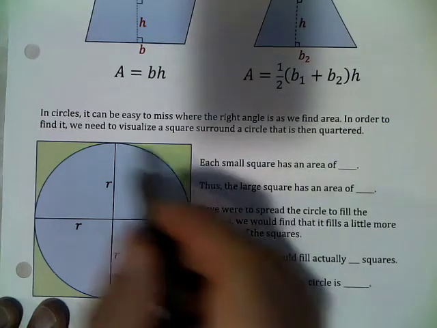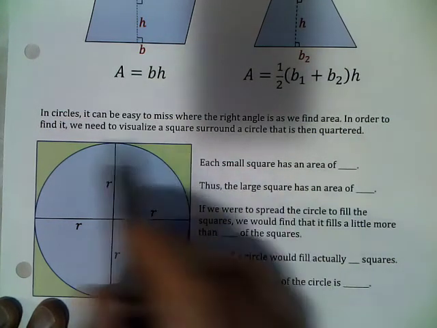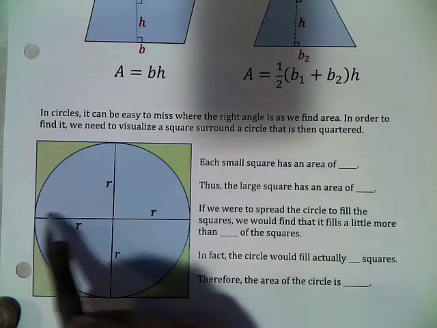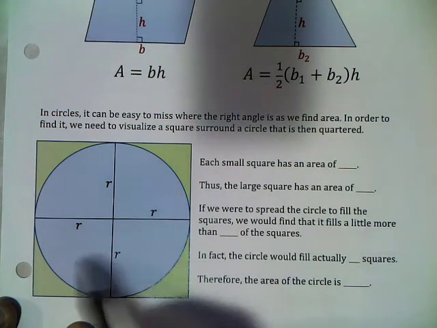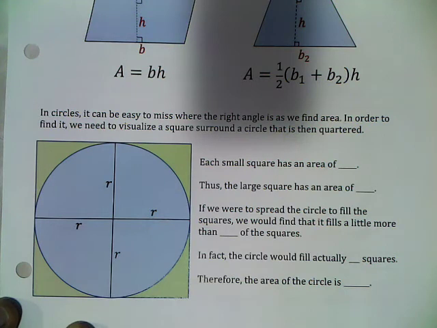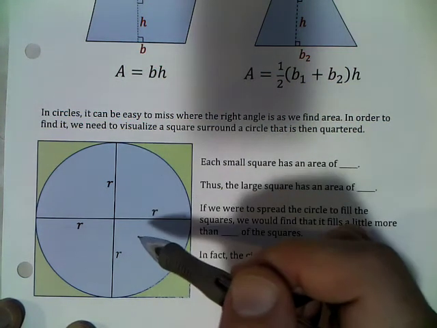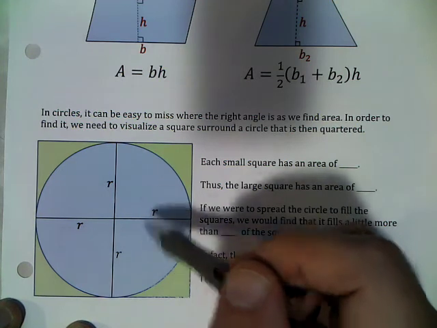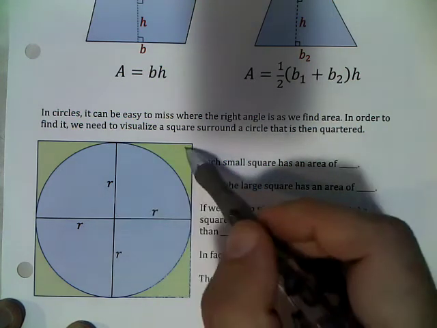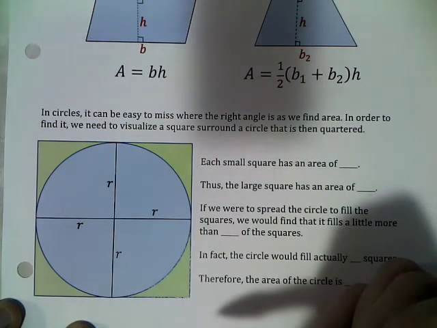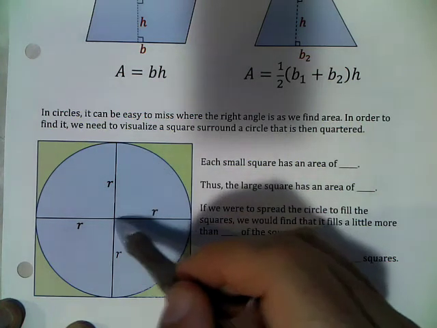So here I've got my circle. I've got a square surrounding the circle, and it's been cut in half and cut in half, so now it's been quartered. So with our squares here, squares are actually a special type of rectangle, which means just like a rectangle, I have four right angles. So to find the area of any one of these squares, I'm going to take r times r.